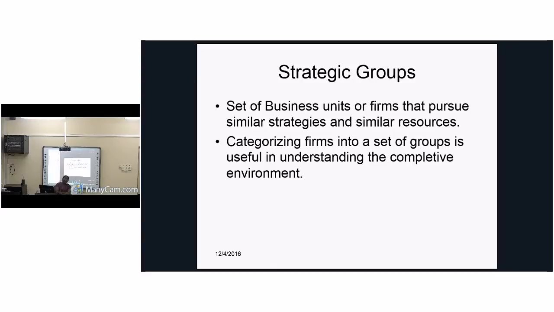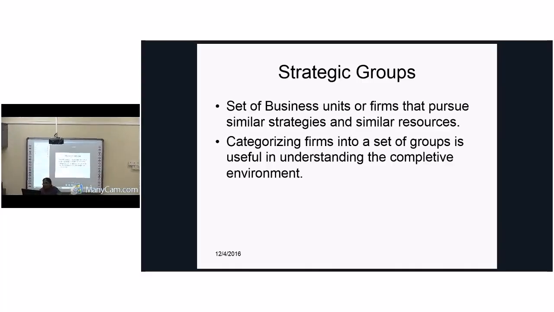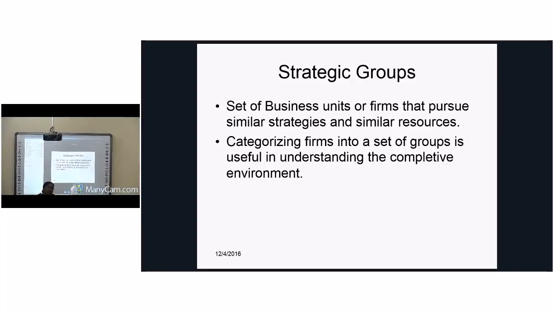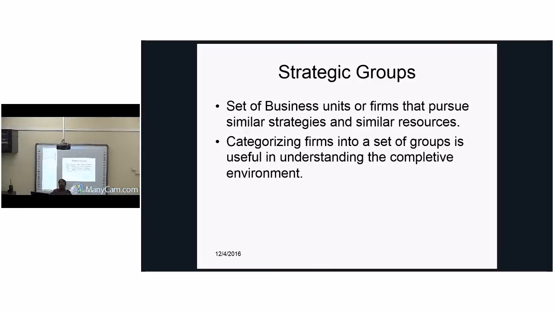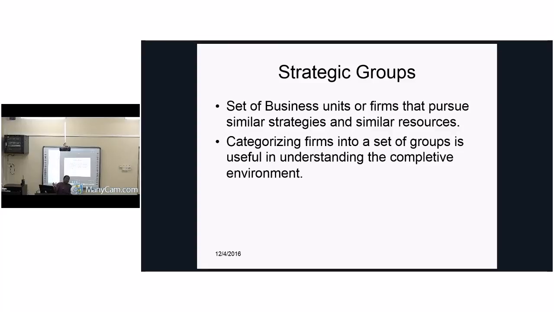For example, say if there are firms following similar strategies, similar resources, they are taken together and called a strategic group. Say among the universities, all the government universities can be taken together as a strategic group.